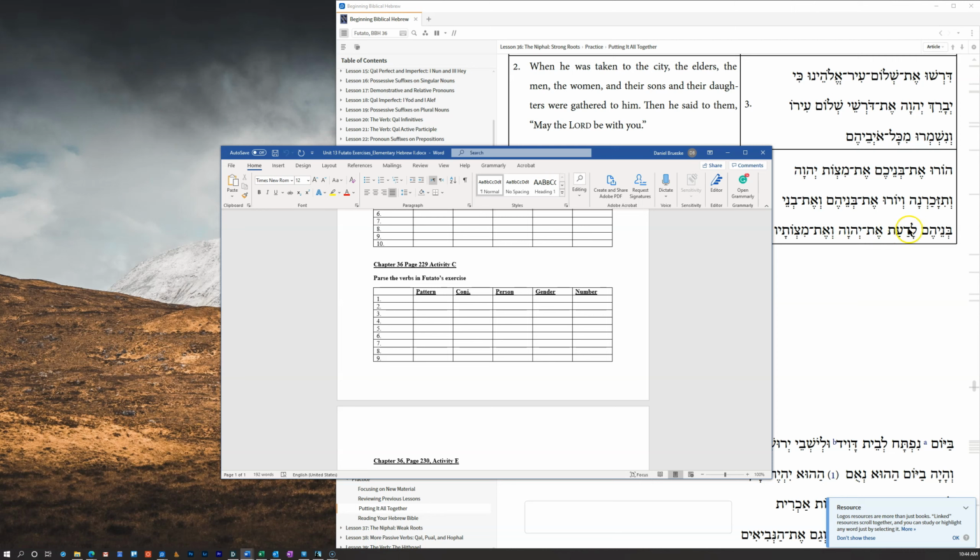Lada'at, this is infinitive construct form of yada, to know, and the sons of your sons, okay, and they will teach their sons, and they will teach the sons of their sons, so they will teach their sons and their grandsons to know whom or what?